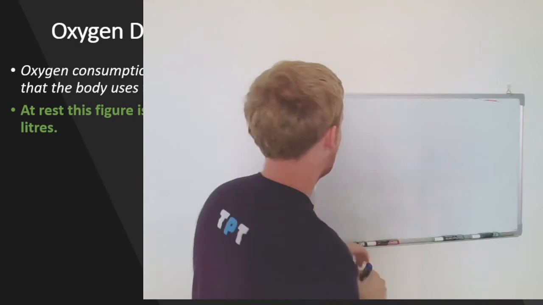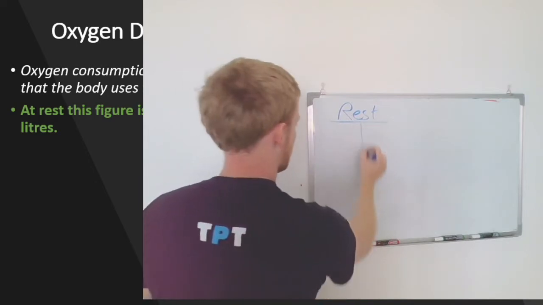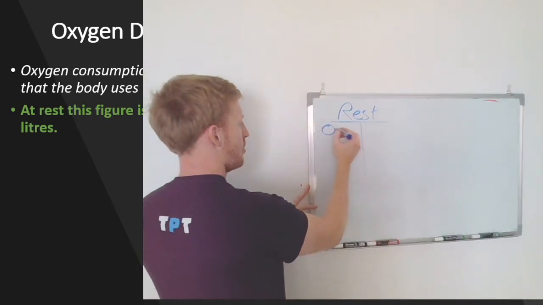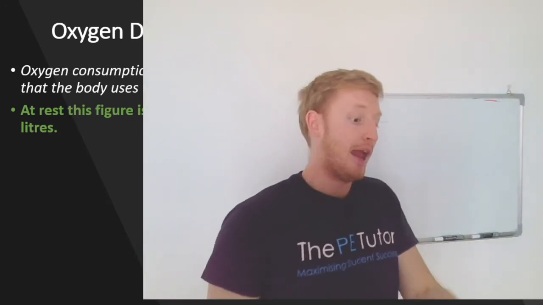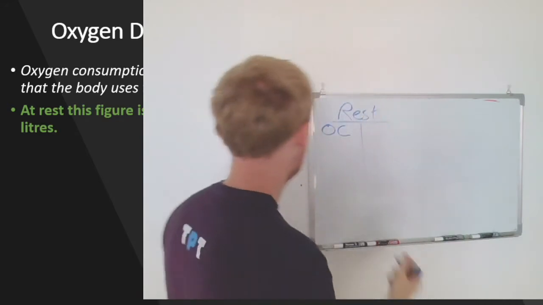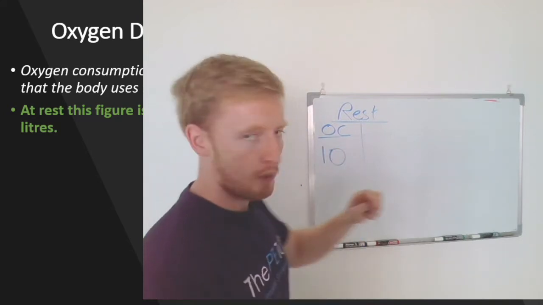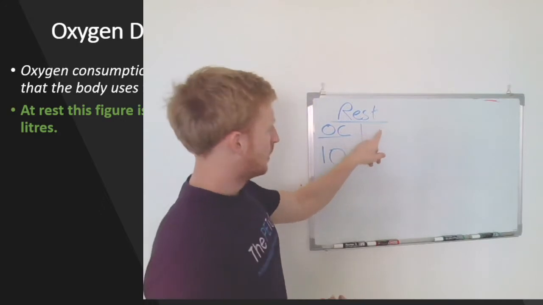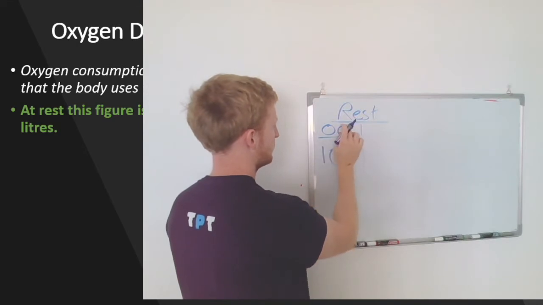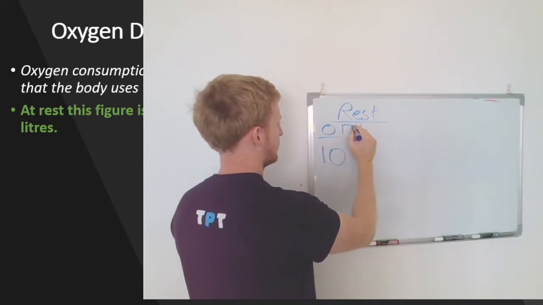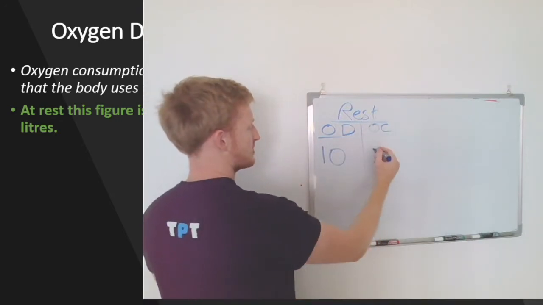But imagine if we were at rest. So our oxygen consumption, the amount of oxygen we're currently breathing in, extracting, delivering, extracting again and using in the muscles is, let's just say, 10. That's how many oxygen molecules we're bringing in per second. So oxygen delivery and oxygen consumption on this side.